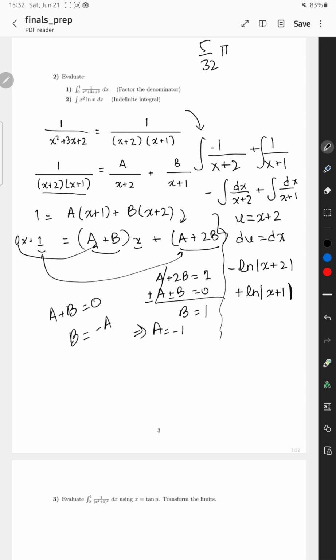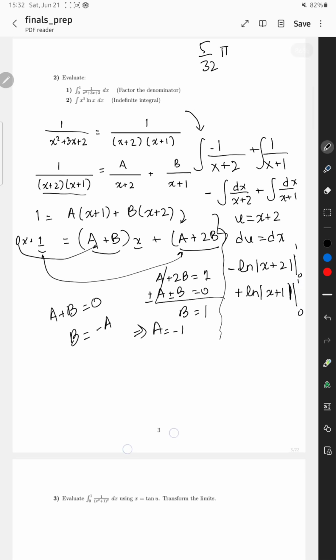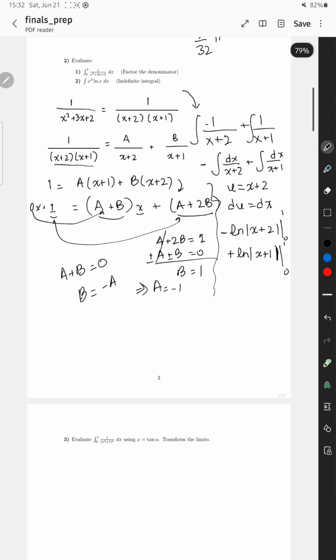Once you've done that, you need to plug in the values, which is 1 to 0 and 1 to 0. That is a point where a lot of people make mistakes. Let's just go through that very simply.